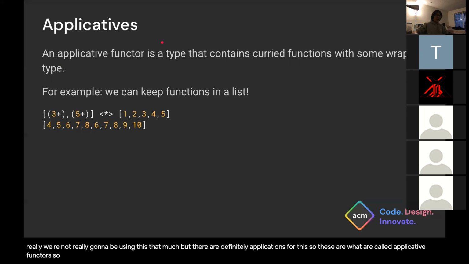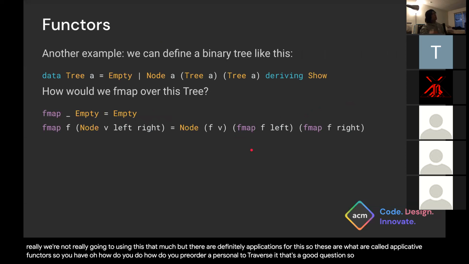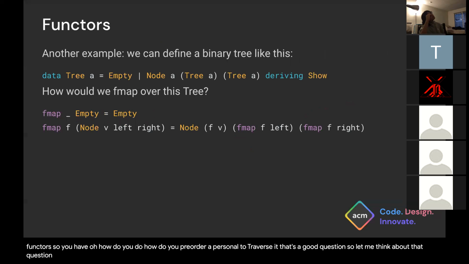So you have, how do you pre-order or post-order traverse it? That's a good question. Let me think about that question. Well, you don't have to think about it in terms of pre-order or post-order traversal.